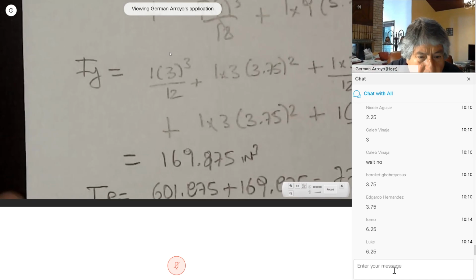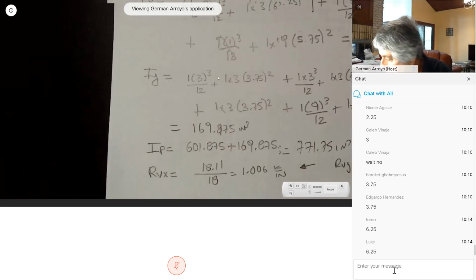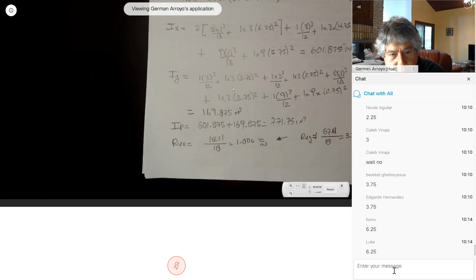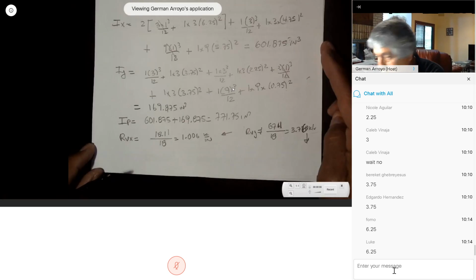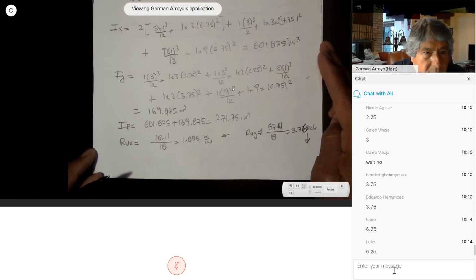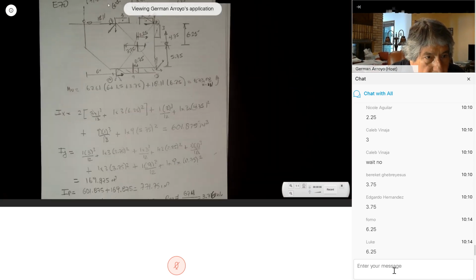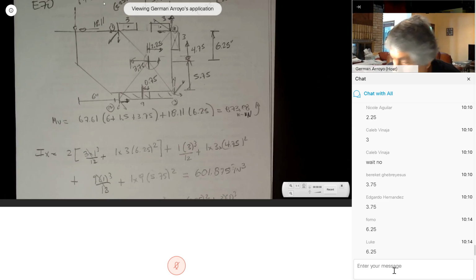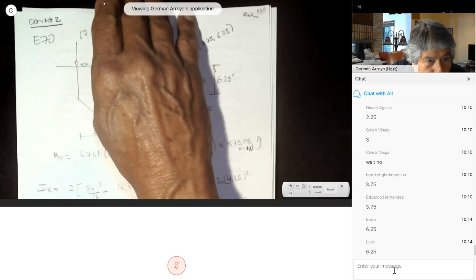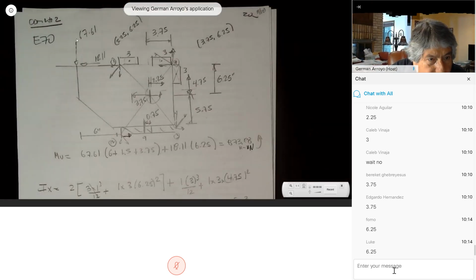So going back to the problem, the component in y, 6761. The component in x, 18.11. How many inches of weld did we have? 3 plus 3 plus 3 plus 9.